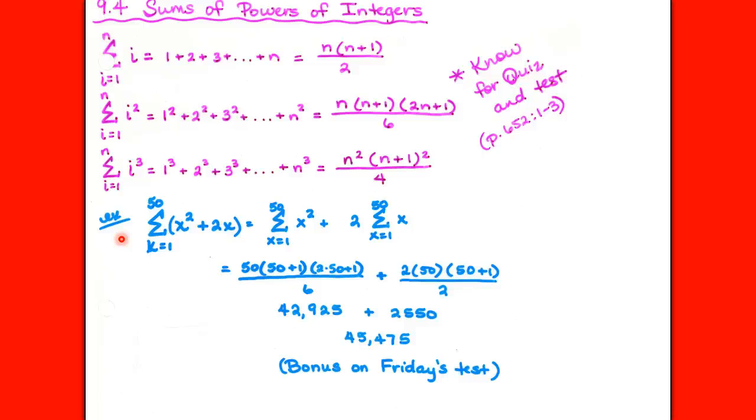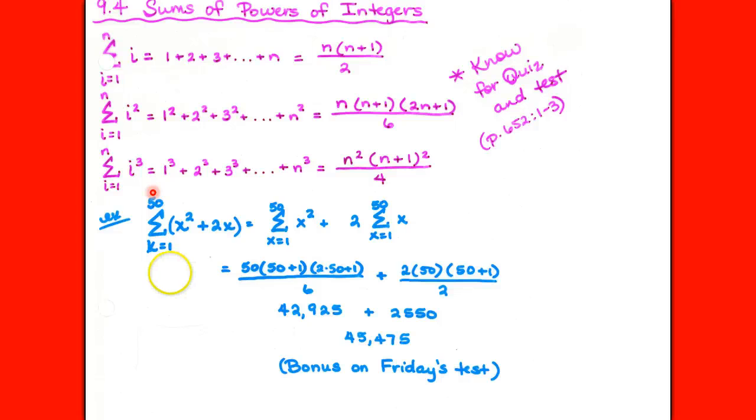So you can decide whether you want to play around with this example before the test, or whether you just want to say, I have enough to deal with already, I'm not going to worry about that. You do have to know the 3 formulas for the quiz and for the test. Those aren't optional, but this process down here that is not in your textbook is optional because it's going to be the bonus.